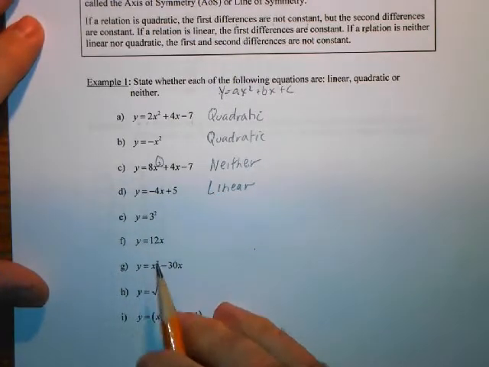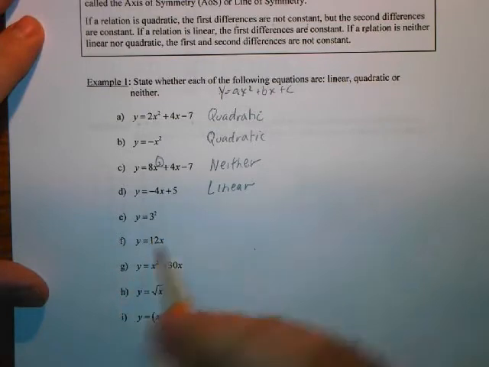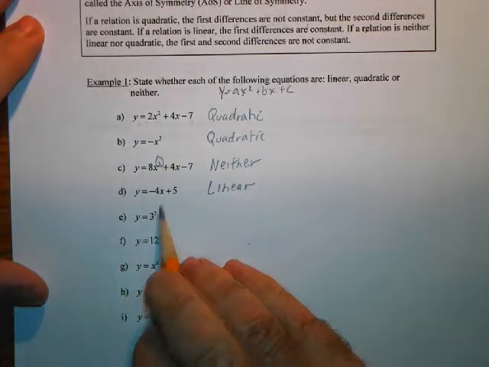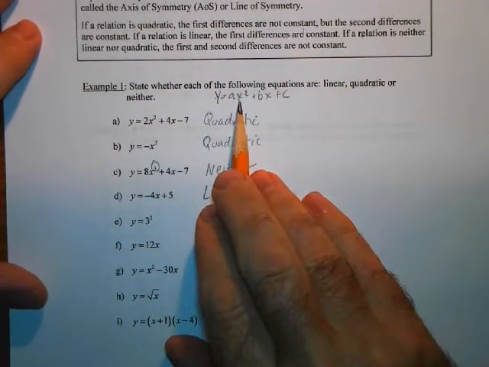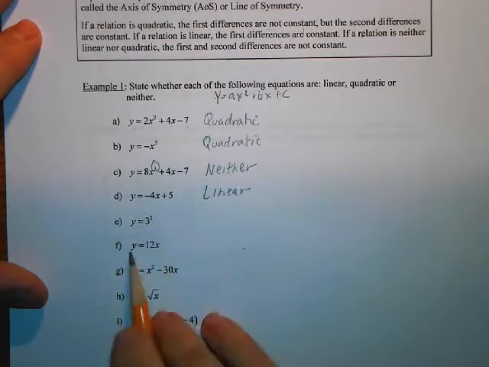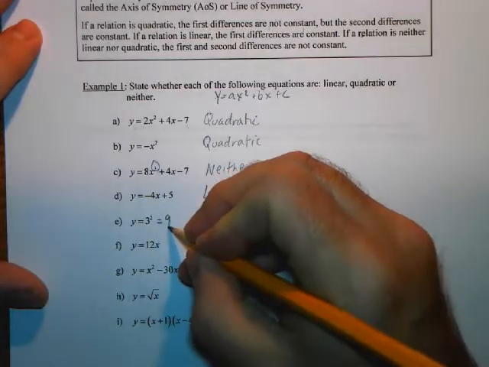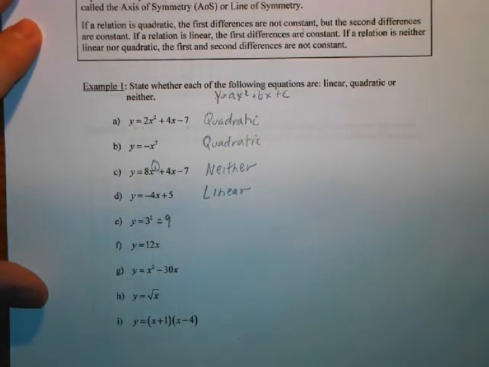This one's an interesting one. We've got y equals 3 squared. So you might think, well, there's that exponent 2, but it's important that the exponent is applying to the variable like x, not to a number, because 3 squared is really the same as 9. So the equation y equals 9, if you saw that by itself, you'd say, no, that's definitely not quadratic, but it is linear.